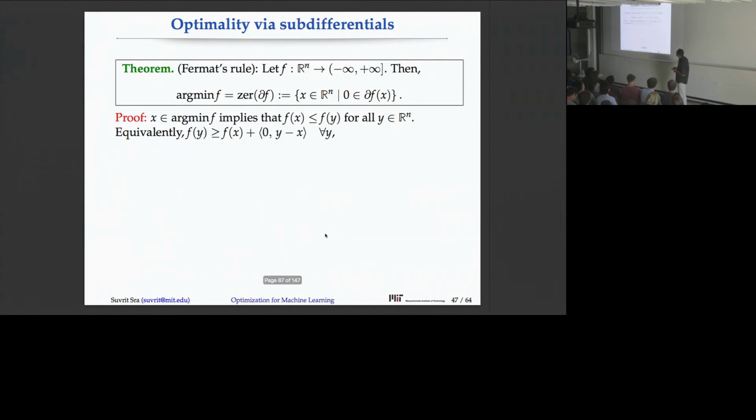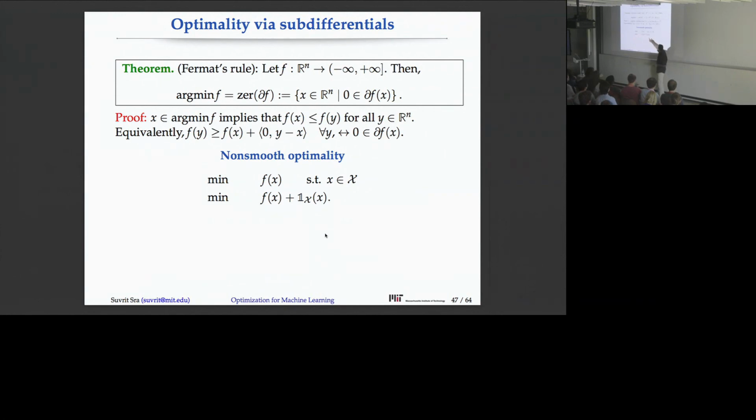And using that, it's a one-line proof of Fermat's rule, so by definition. And that's why I said if you start trying to minimize f of x with constraints, write f of x with the indicator function. These two problems are equivalent. So that's just the exact same problem. And now it looks like a non-differentiable problem in line 2 here.